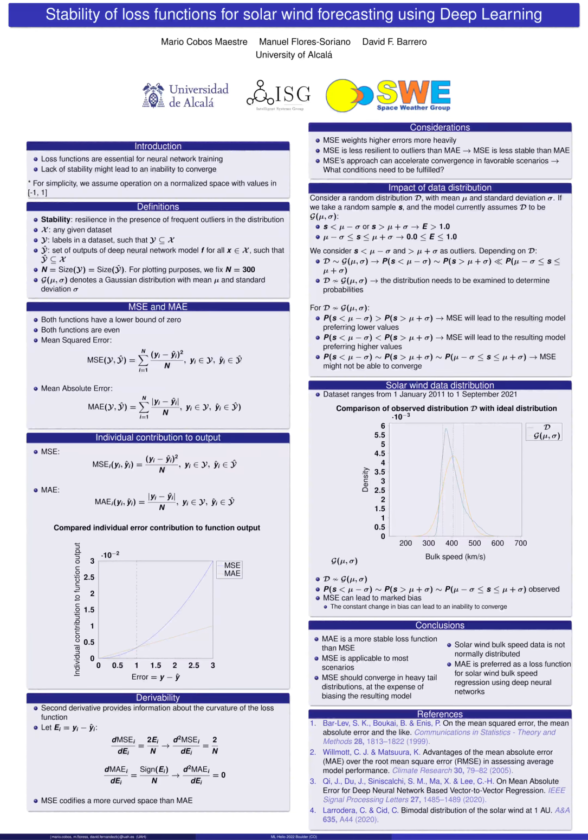So we have mean squared error, we have mean absolute error, and we plotted them. The functions are defined in the poster, so there isn't much of a point in talking about their definition. What we find is that, well, first of all, we have even functions, therefore they are symmetric over the y-axis.